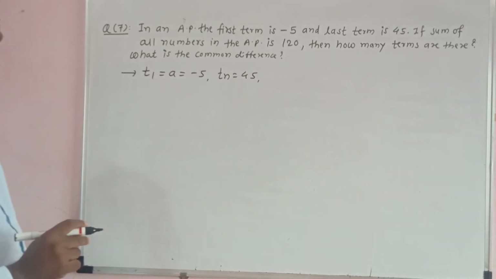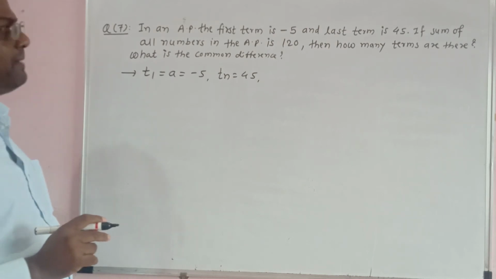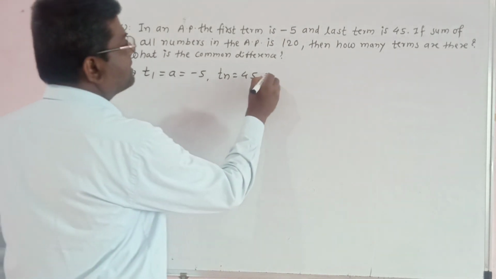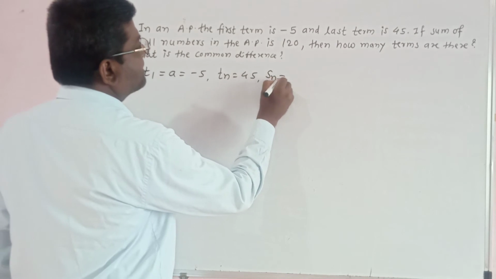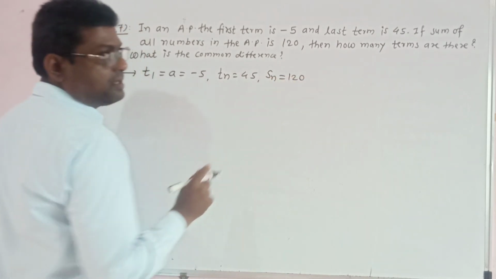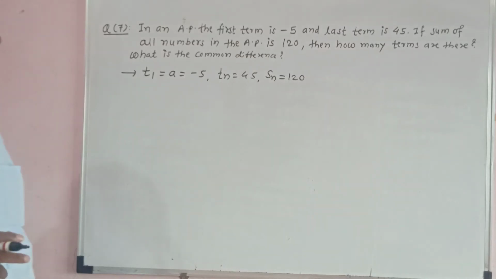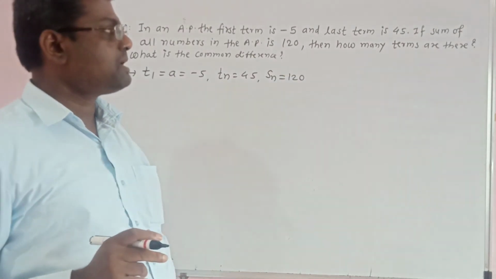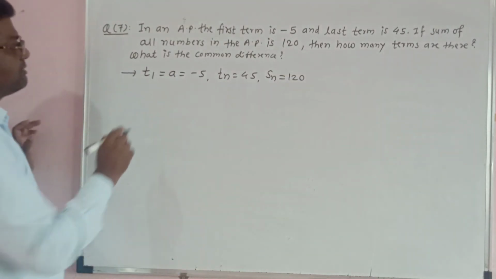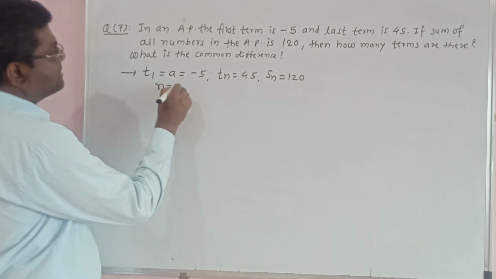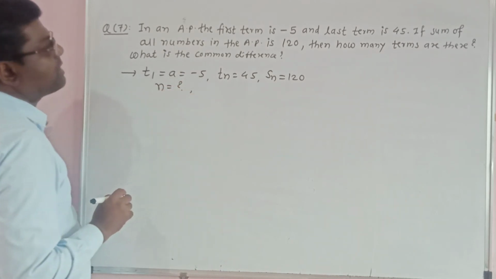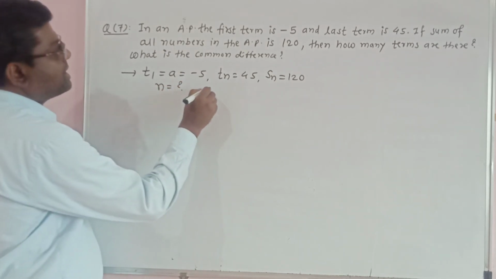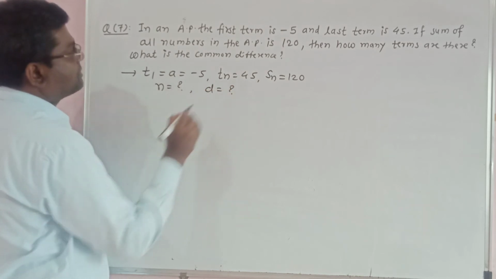If the sum of all the numbers in the AP is 120, that is Sn is equal to 120, this is given. Then how many terms are there? That is, we have to find the number of terms, n, and the common difference, so we have to find d also.